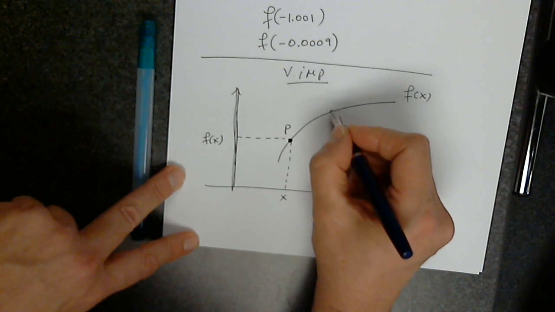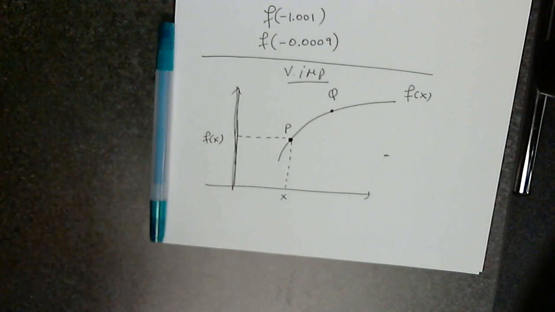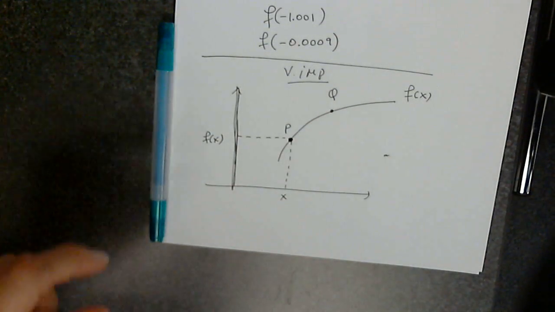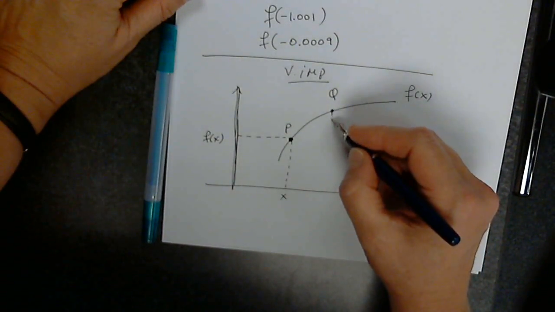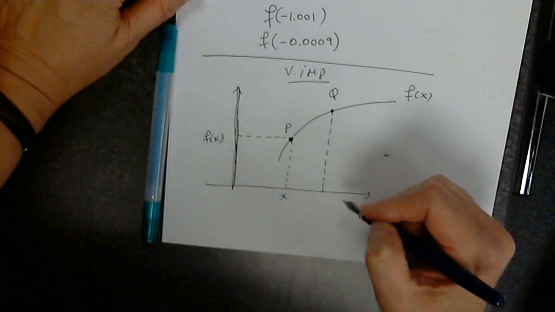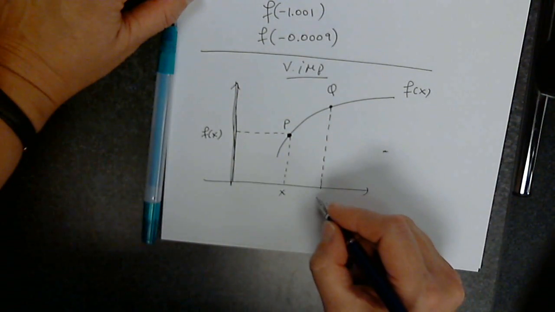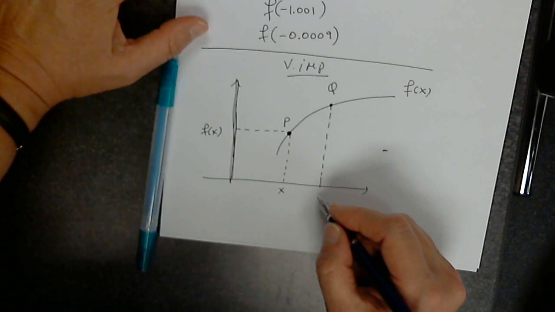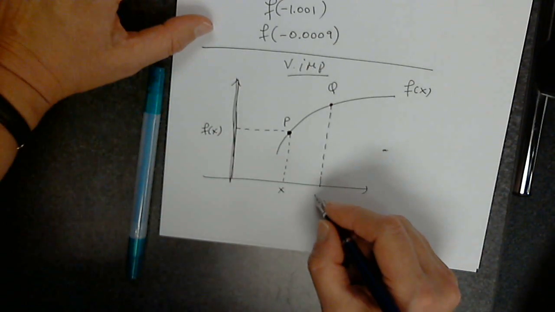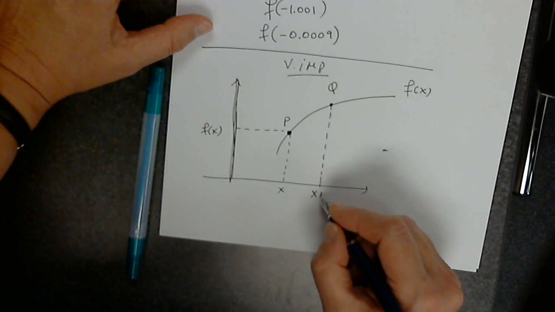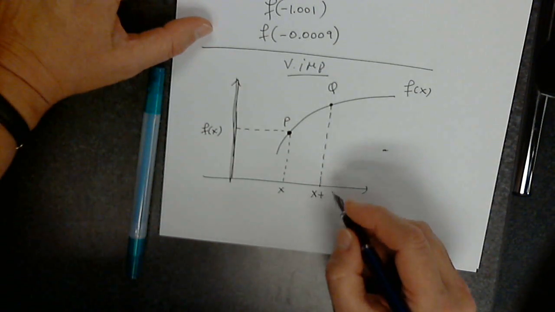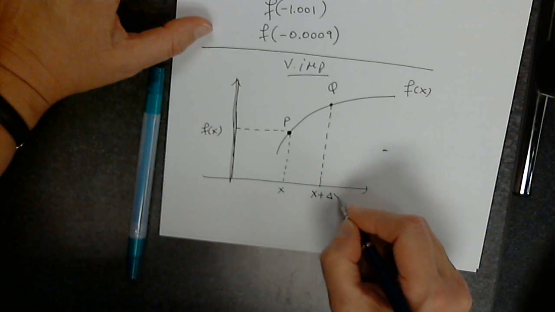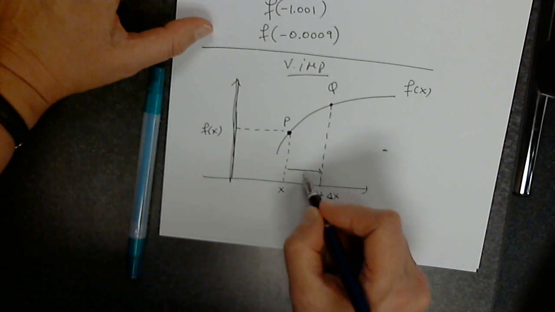This sounds like what we talked about 2 months ago. And this is point Q, very close to P. What will be its x coordinate if it's very close to P? A little bit. Very good. Delta x.